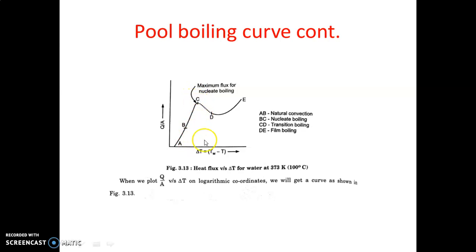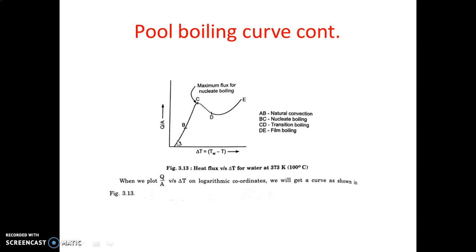During nucleate boiling, the rate of production of bubbles is very high and the temperature drop is also increased, which increases the heat flux and heat transfer coefficient. After segment BC, there is another segment called CD. What is happening in CD?